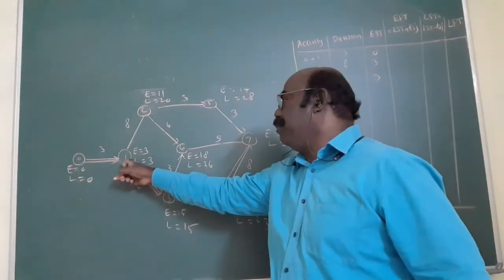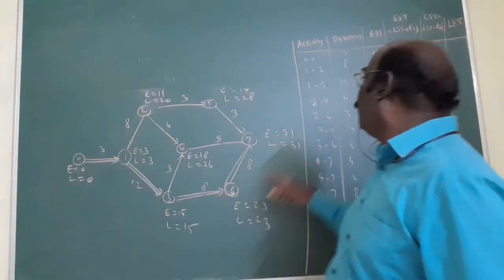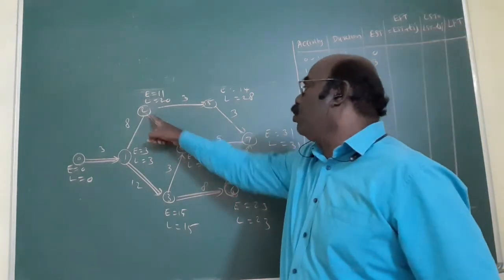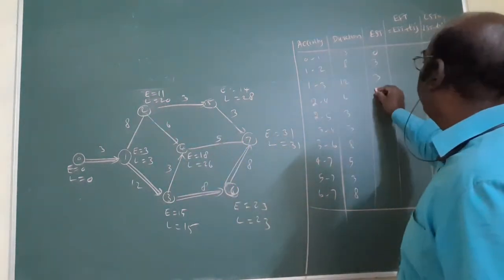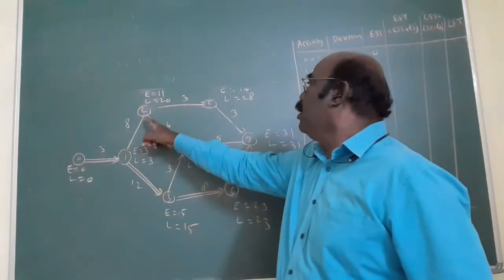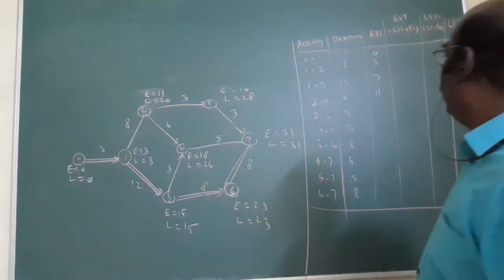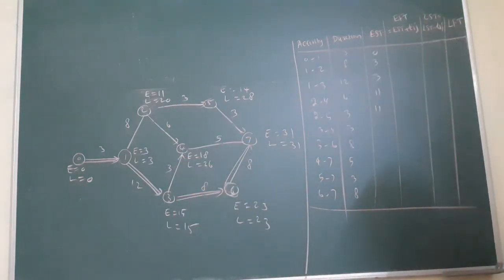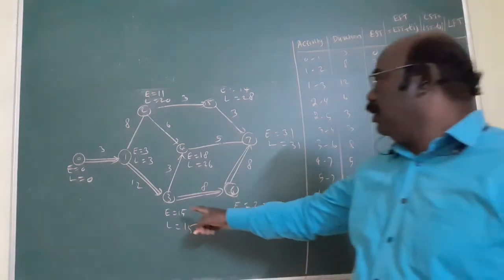E for early time. That is the starting time. Then next is what? 2 to 4. 2 to 4 early time is what? 11. For the diagram only, write the answer. 2 to 5, here E is 11. Am I right? 11. Next 3 to 4, you know?